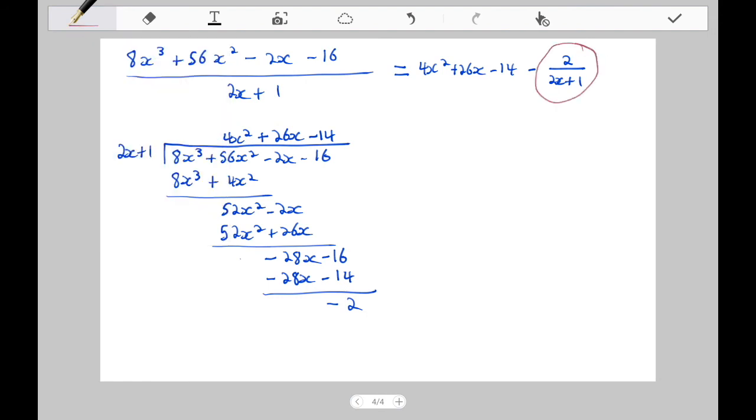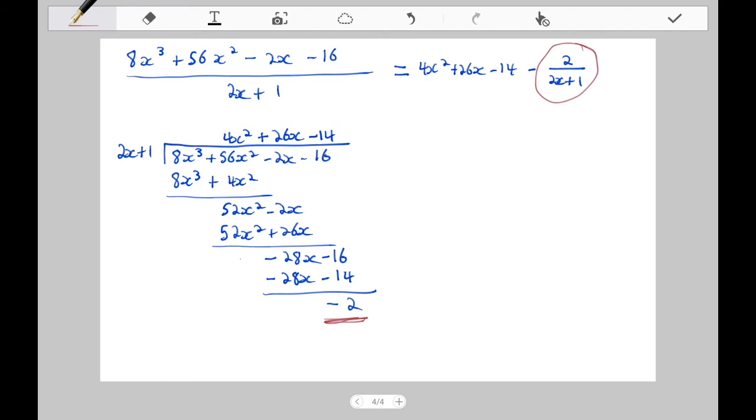What this is, this here has still got to be divided by 2x plus 1. Everything else has been divided by 2x plus 1. It's just this last term here, minus 2, what we got left over that hasn't. So all we simply have to do is just tack it on the end with a over 2x plus 1, and we've got our answer.